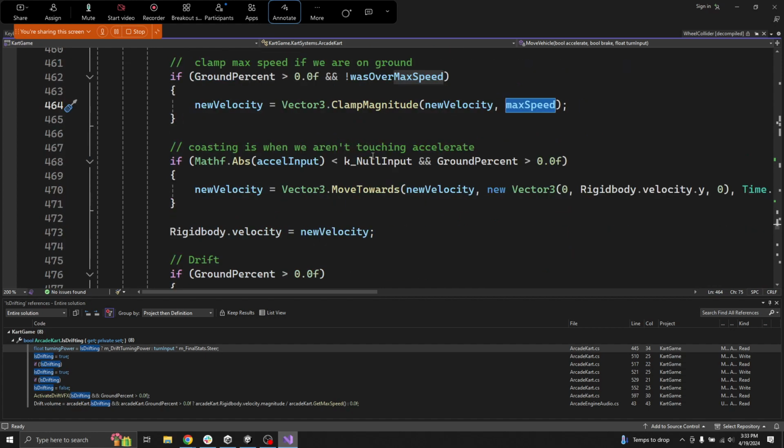So coasting is when we aren't touching accelerate. Take accelerate input, give me the absolute value of it, make it positive if it was negative. And if this is less than our null input, which looks to be 0.01, so it's a really small number, and our ground percent says at least one of our wheels is on the ground, then we're coasting.